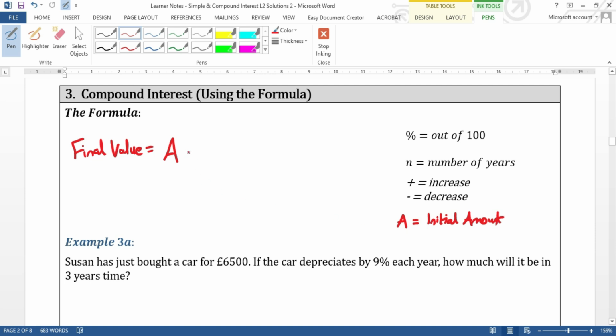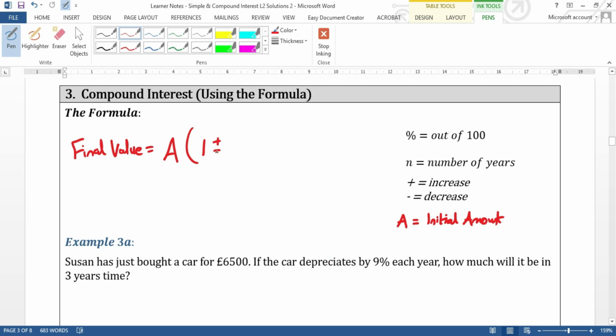Okay, and then you can open brackets, and there will be brackets on the calculator, and inside the brackets you always do 1, and it's either plus or minus depending on the question. Plus if it's increasing, like a bank account, which always goes up, or minus if the amount goes down each year, year upon year, which I'll show you in an example in a minute.